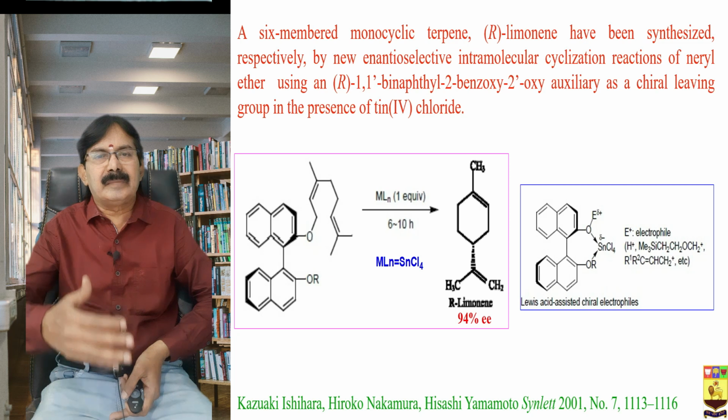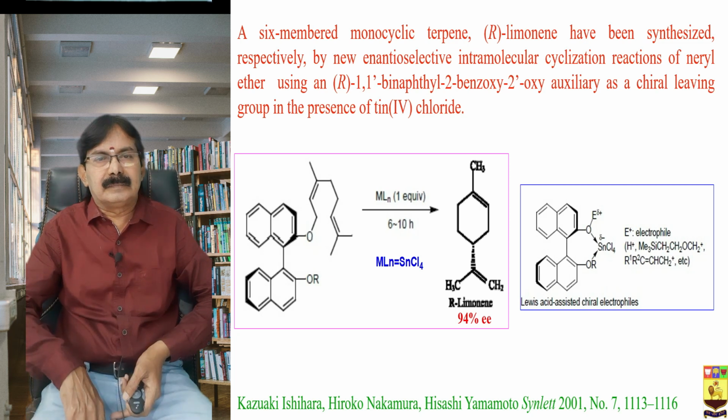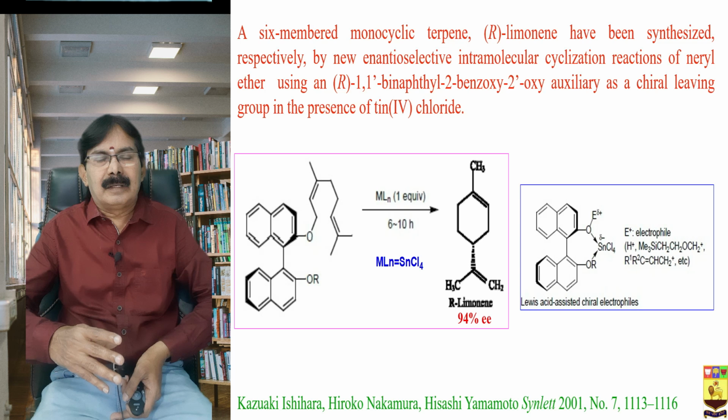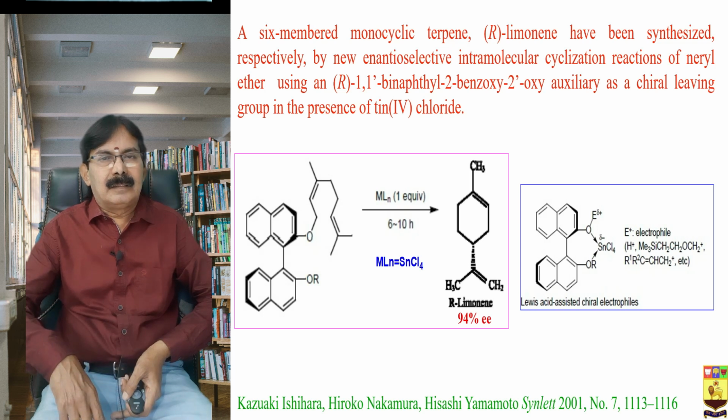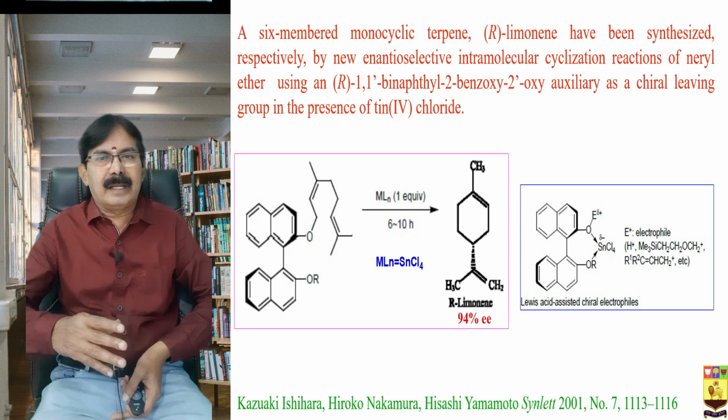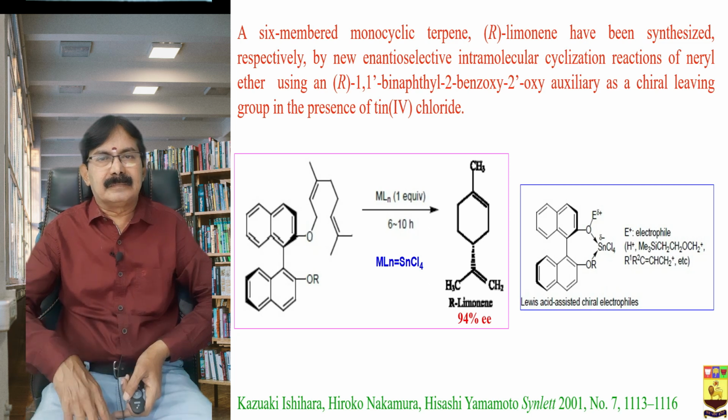Already I explained what is meant by chiral auxiliary. So this is the equation which gives a synthesis of R-limonene in 94% enantiomeric excess. This catalyst uses the same chiral ligand. The chirality arises because of restricted rotation.